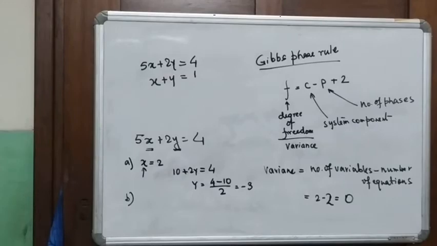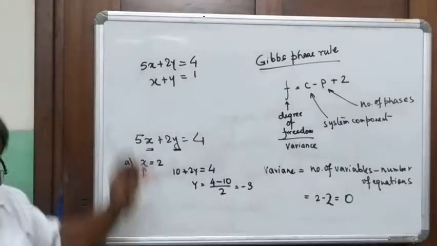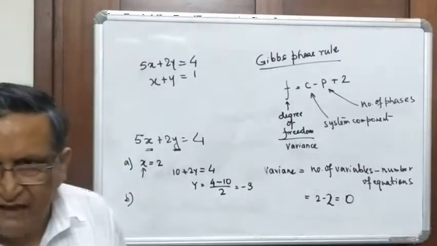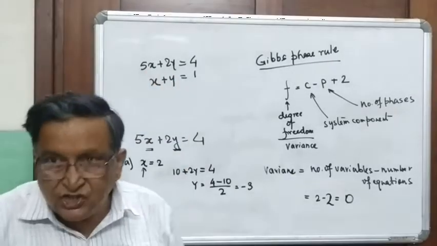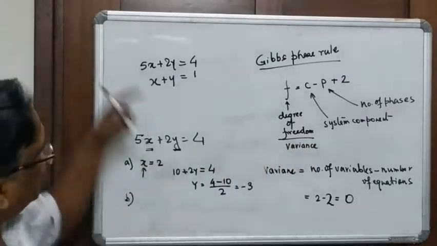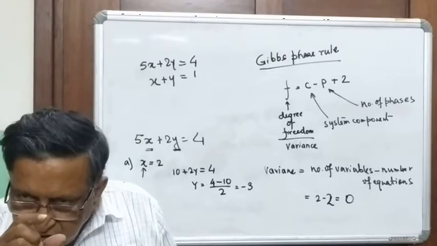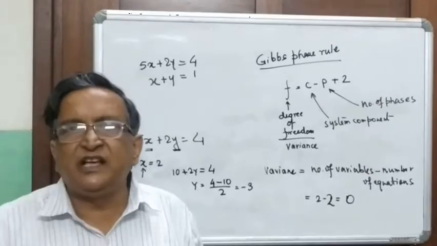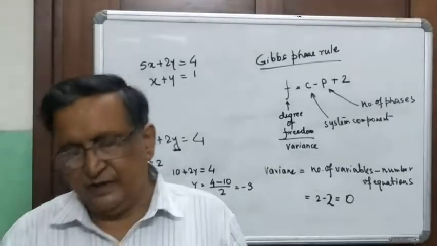Now it says that, okay, with the information you have given, the system can find numerical values for the variables by itself. For the equations you have given, the system can find its value. You don't need to bother. You don't need to get inputs from others. It is built into the system.